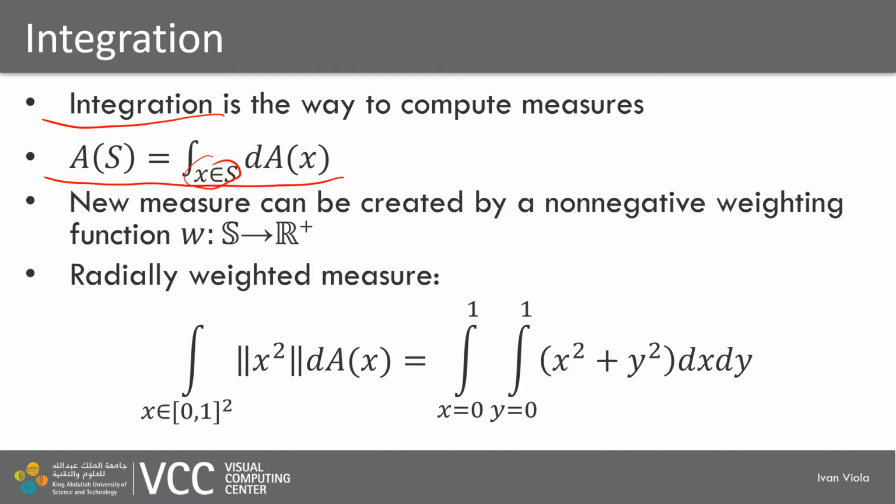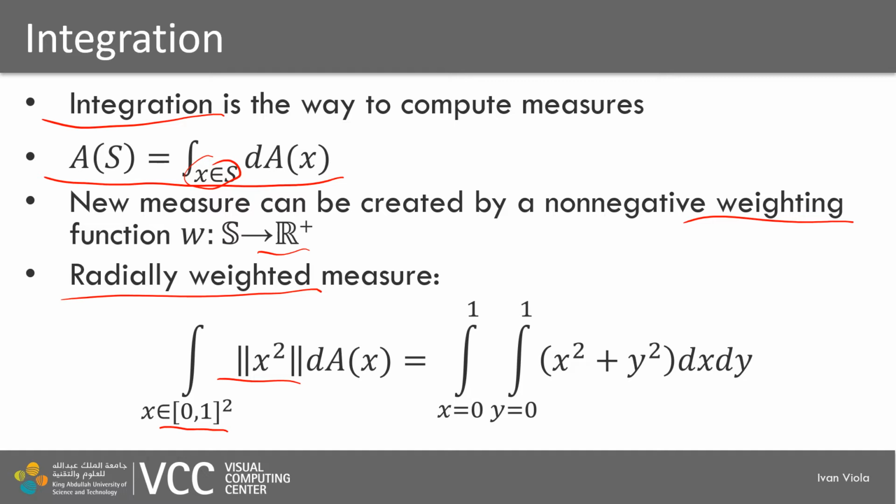For example, we can add a weighting factor which will again be mapped to R plus, and this weighting factor can, for example, give us a radially weighted measure, as for example here, where we have a weighting factor that with increasing distance from the origin will be weighting more and more a particular point within the subset. Like, for example, within the subset [0, 1] squared.